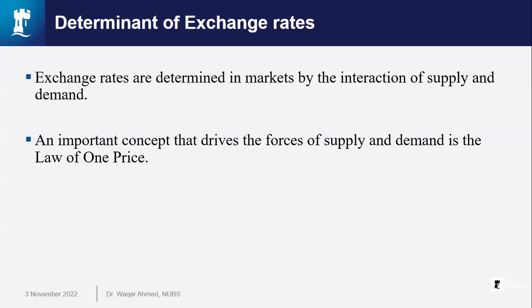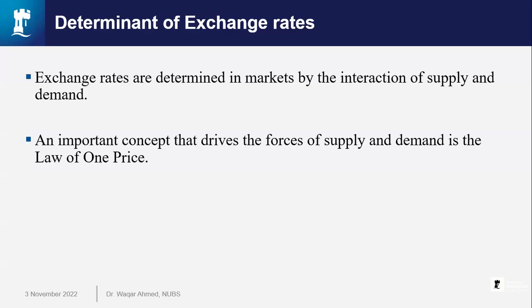Typically in an open market, you would expect these rates to change as the relative demand and supply of a currency changes. Supply of a currency in the short run is relatively fixed. So what will determine it is the relative change in demand for the currency.